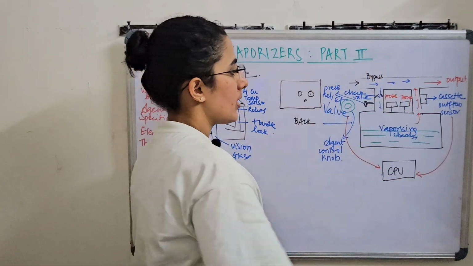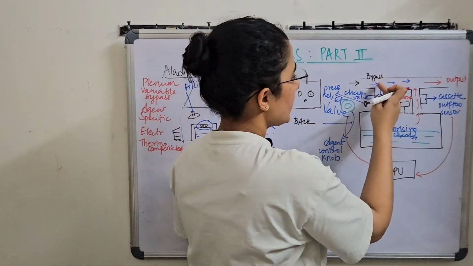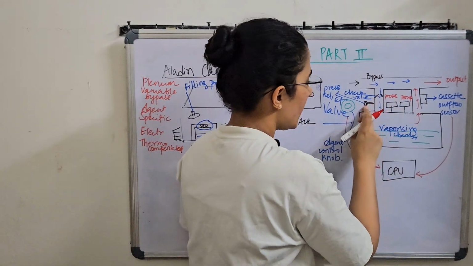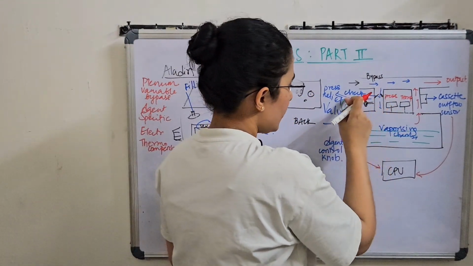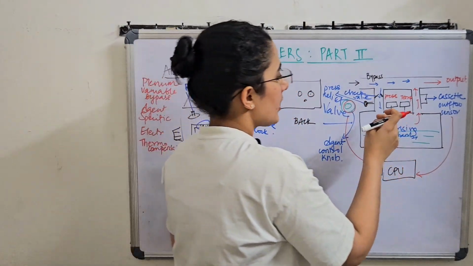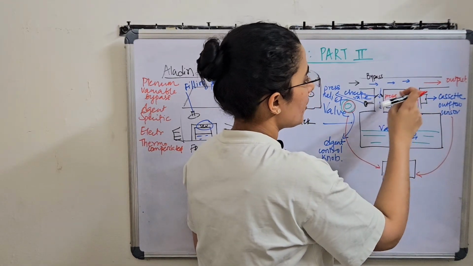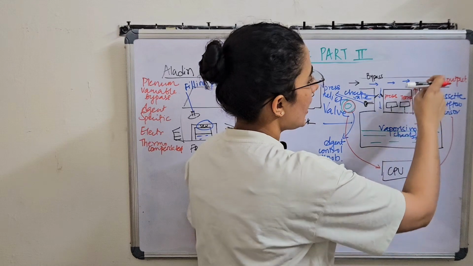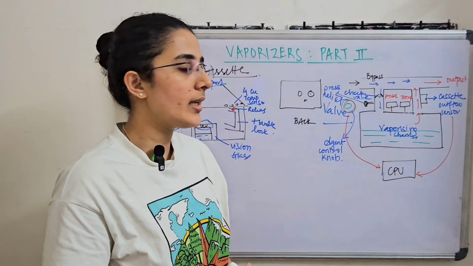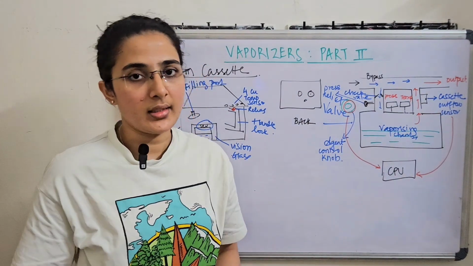So this is how the Aladin cassette basically works. The fresh gas flow enters, takes up the vapors, there is pressure and temperature control, and there is an output. So all this is an almost electronically controlled type of vaporizer.